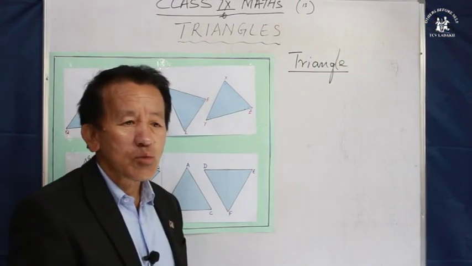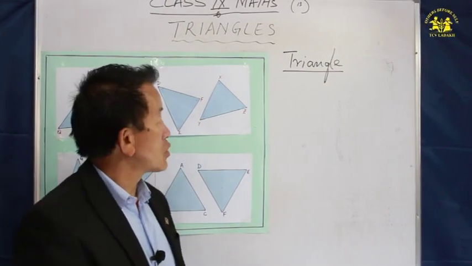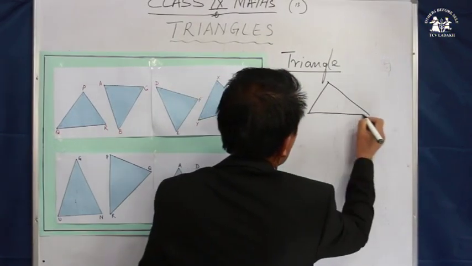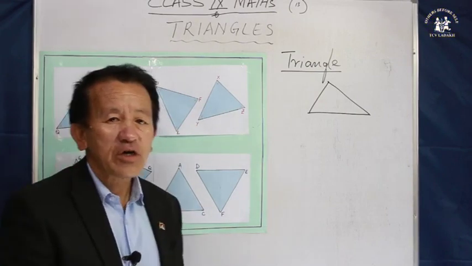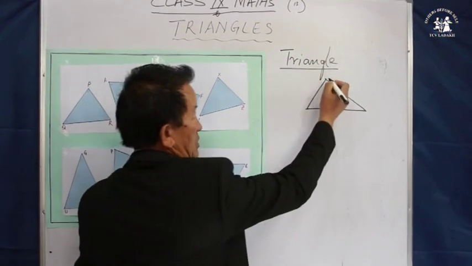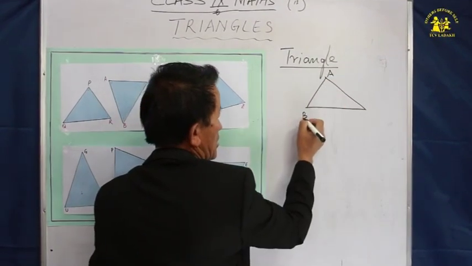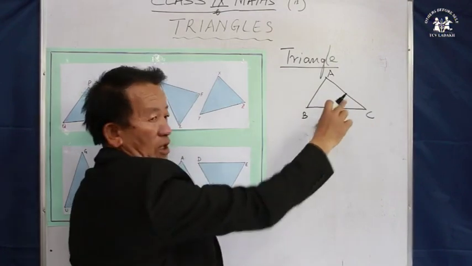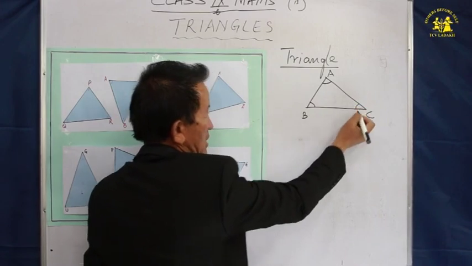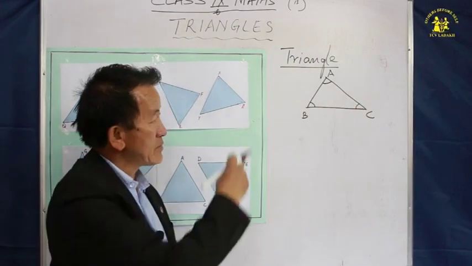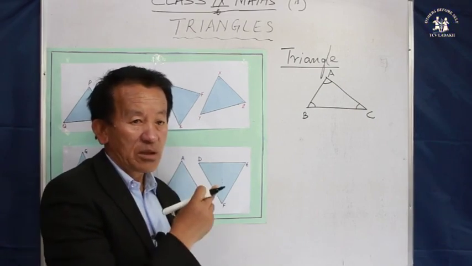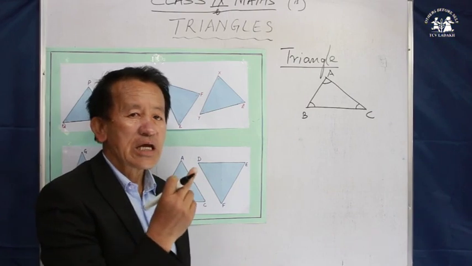Triangle, angle sum. A triangle is a figure enclosed by three line segments. For example, triangle ABC has line segments and angles: angle A, angle B, angle C. The angle sum property says angle A plus angle B plus angle C is equal to 180 degrees.